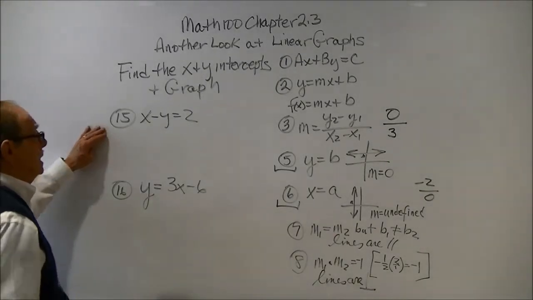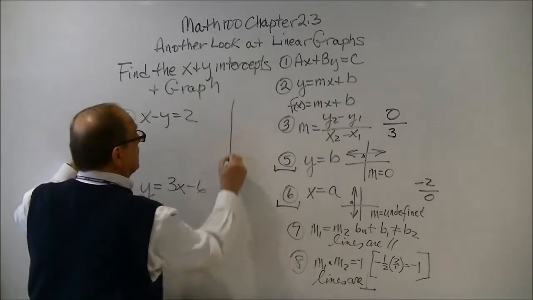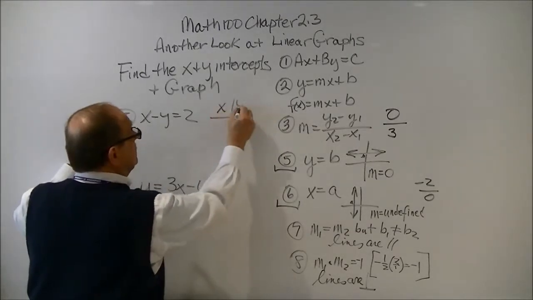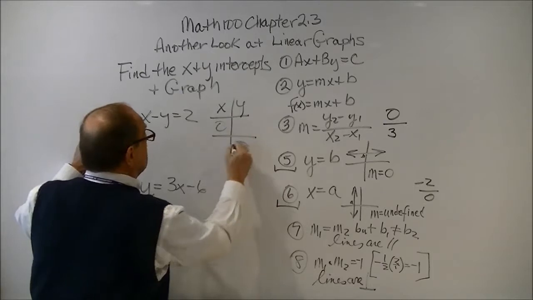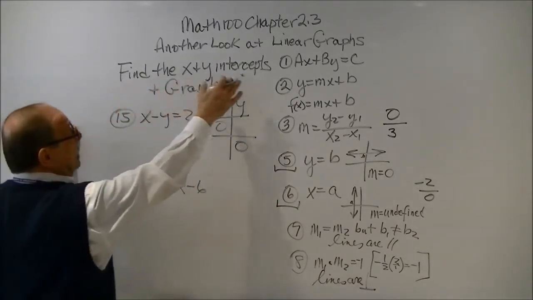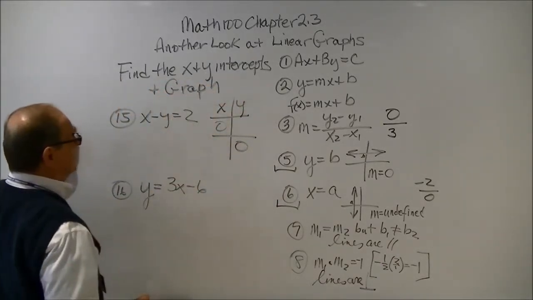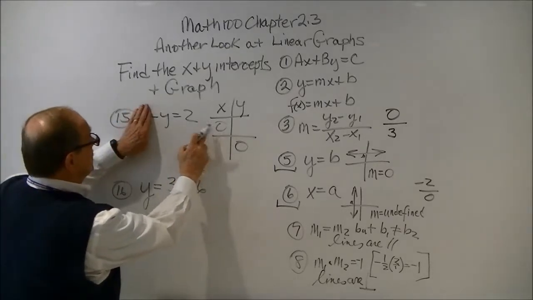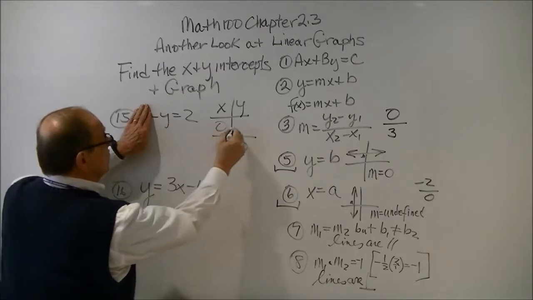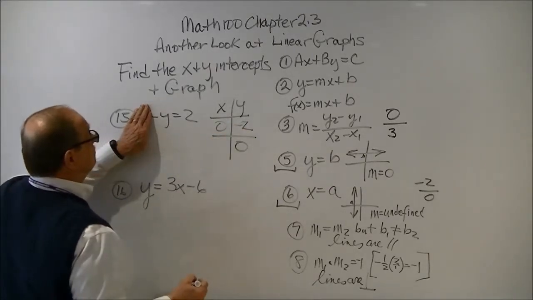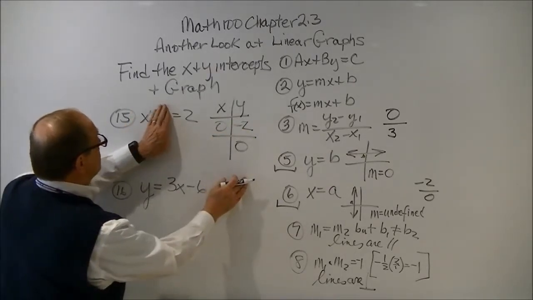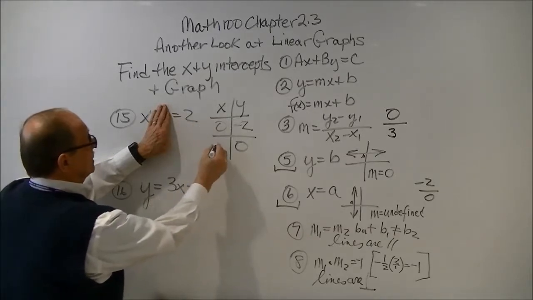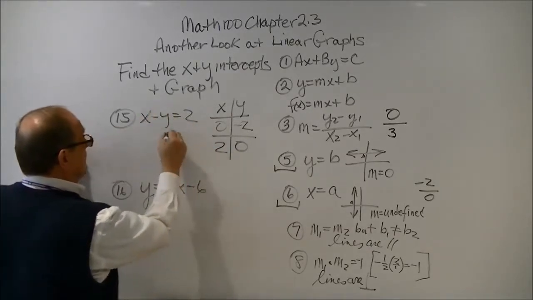For number 15, here we're going to use our special t-chart, because the instructions are find the x and y intercepts and graph. So again, if x is 0, y will be -2. If y is 0, x is going to be +2.